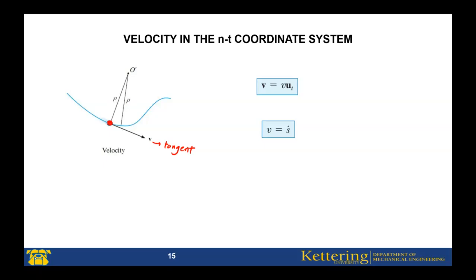Based on the coordinate system I introduced today, this will be tangential and this will be the normal axis. You will see that this velocity is along the tangential axis.